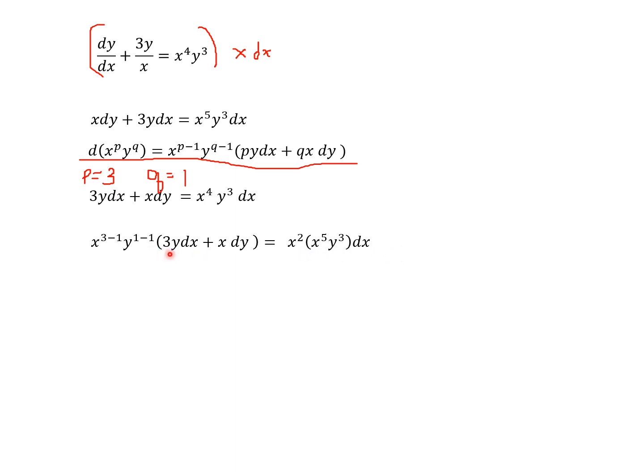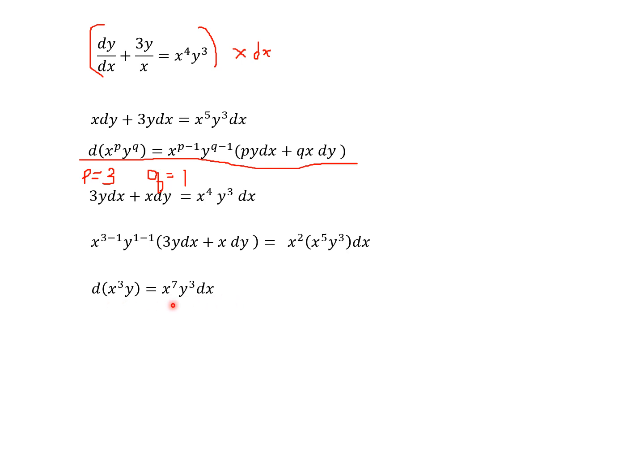Based on this special formula, this is the same as the derivative of x cubed y, and the right side there is x squared times x to the 5 is x to the 7 times y cubed.